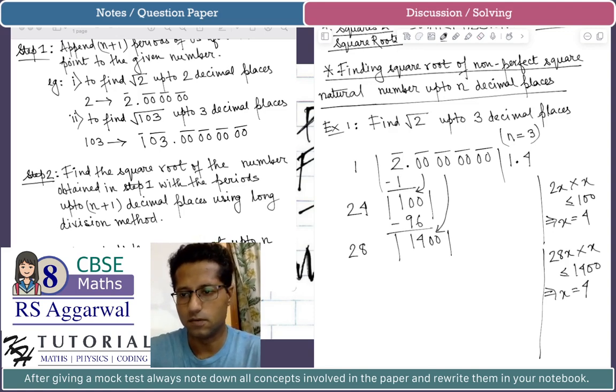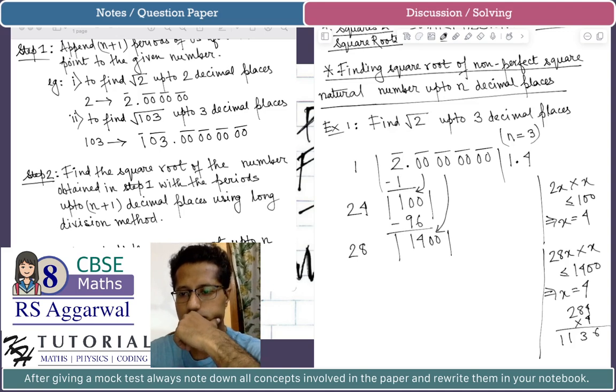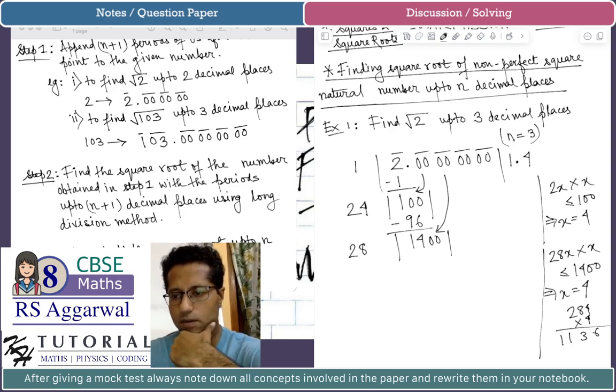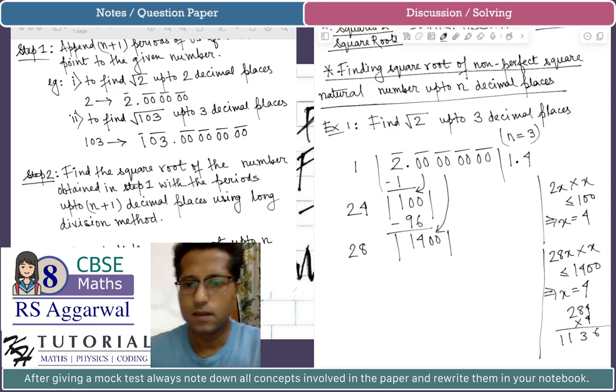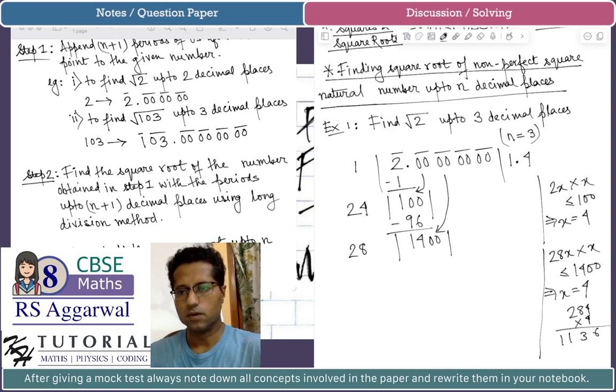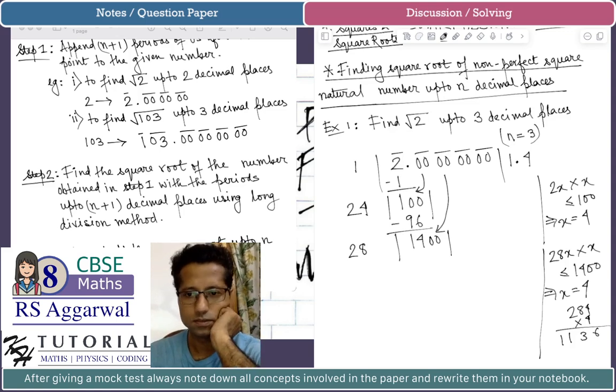Let's see what 284 multiplied by 4 is: 16, 32, 33, 48, 1136. Can it be 5? No, it cannot be 5. No, no, no. Something is wrong.